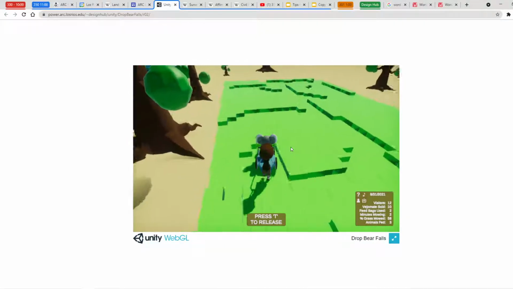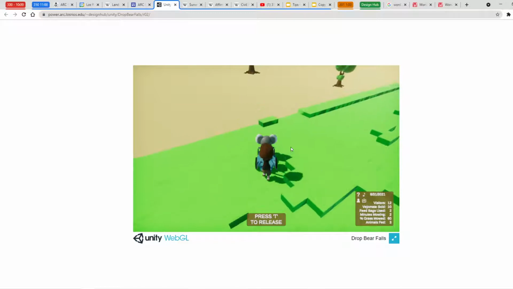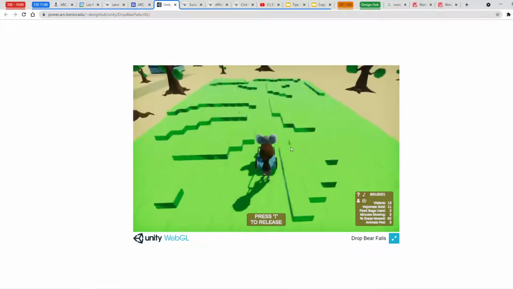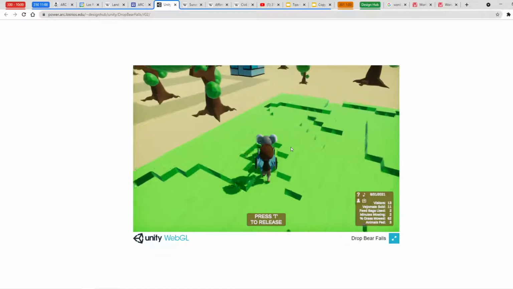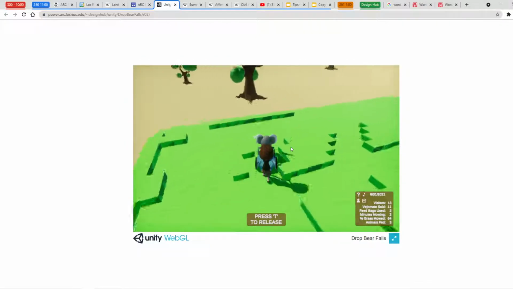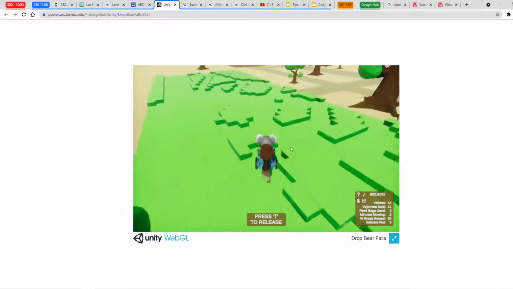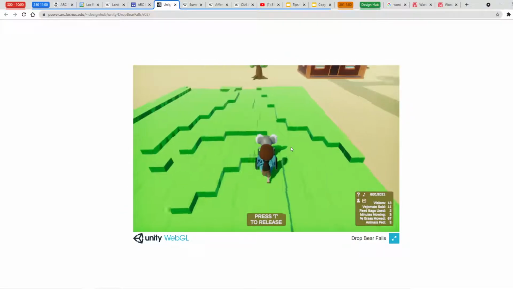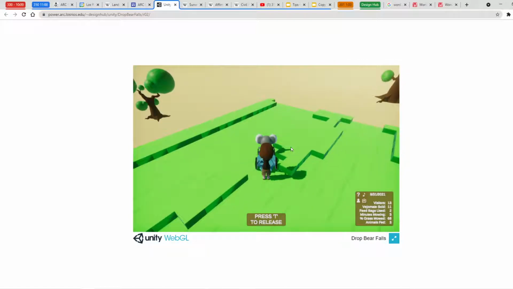I'm not a very good mower, am I? So there we got 68% grass mowed, 3 minutes, 3 animals fed.